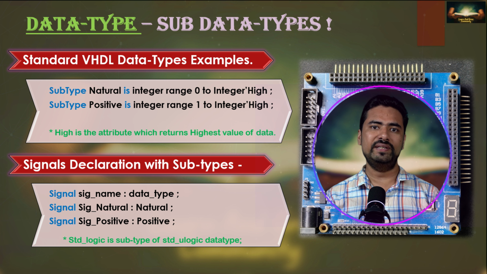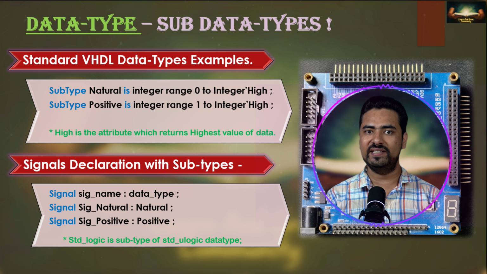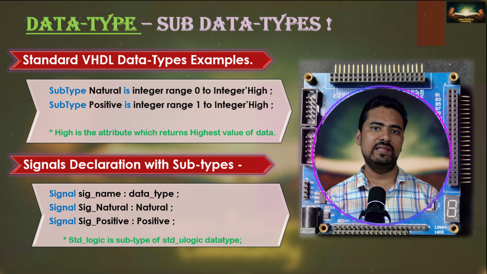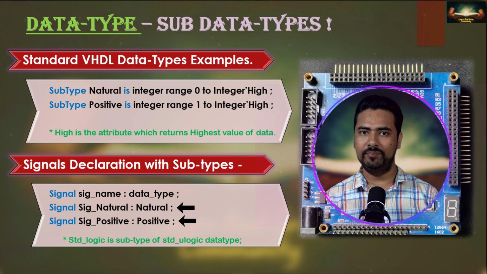So now we know how to create custom data types and subtypes, and how predefined data types and subtypes are defined in the VHDL packages. Now we will see how we will use them in the VHDL code. So suppose we are declaring some signals in VHDL with subtype natural and positive. How will we write them?